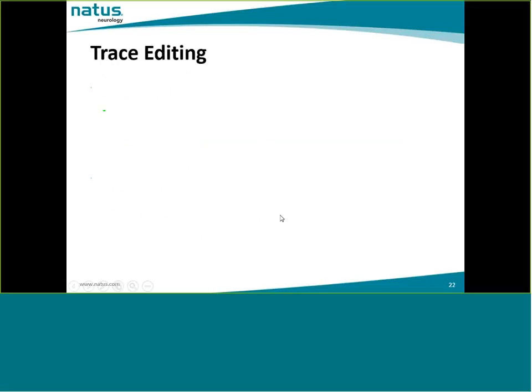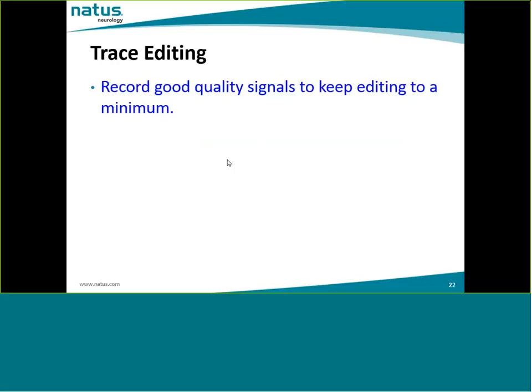Now, before we get into the details, I just want to emphasize some important points about trace editing. It is a good practice to record good quality signals to keep editing to a minimum. If our signal quality is not good, we will spend a lot of time on editing them. So no matter how good tools you have, we are still going to spend extra time, and we are not very confident about the quality of results because of extensive editing.